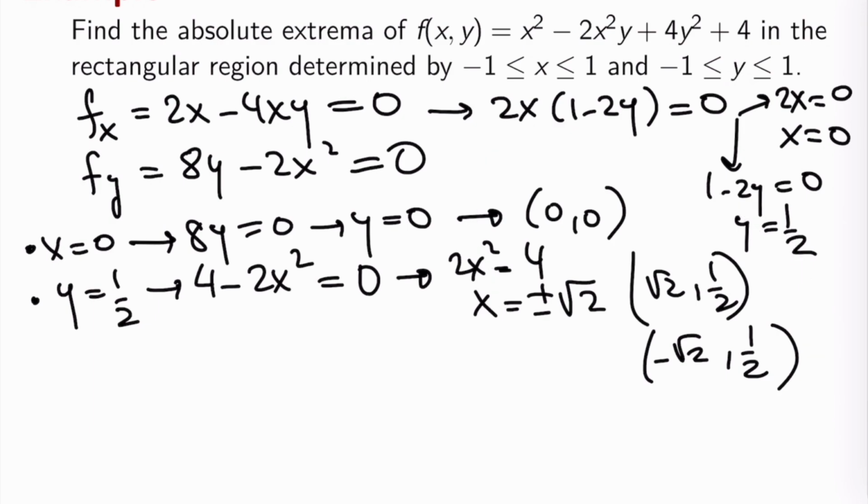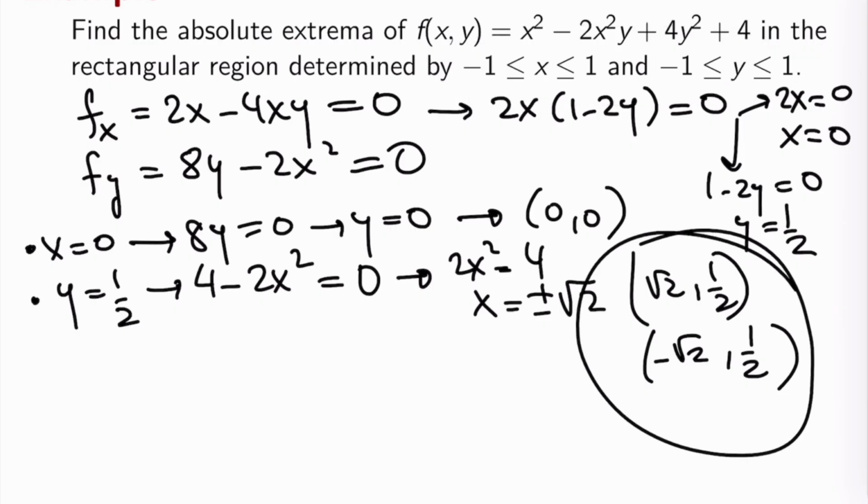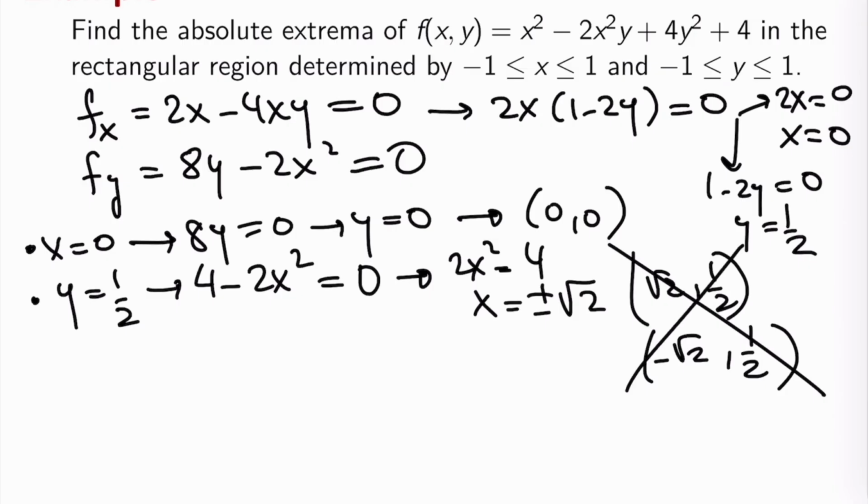Though, when we check the region that we have, it was x and y between -1 and 1. So then actually these ones are not in the interior of the region, because square root of 2 is 1.4, right? So we eliminate these critical points, and the only one that falls inside the square is going to be the critical point (0, 0).